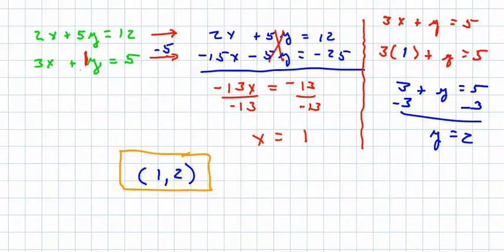Again, we wrote down the equations in order. I have my x's here, my y's here, my equals here, my constants here. They have to be done in order. And then we want to add the equations together to get something to eliminate.